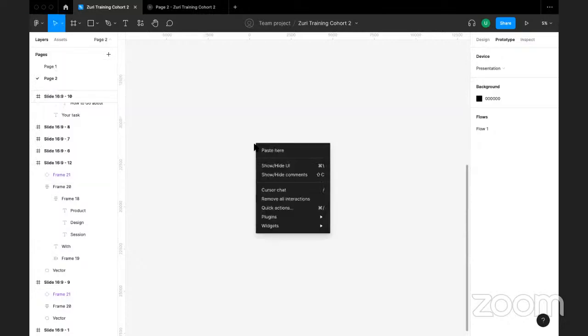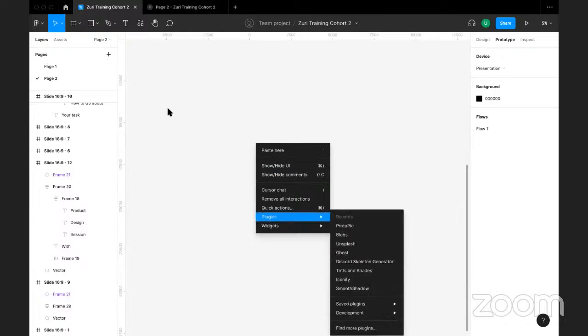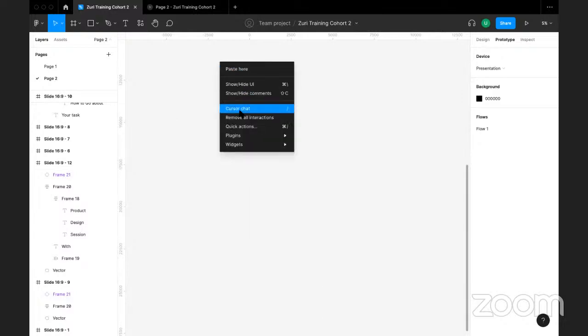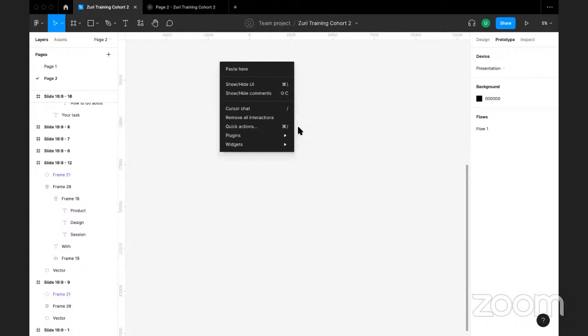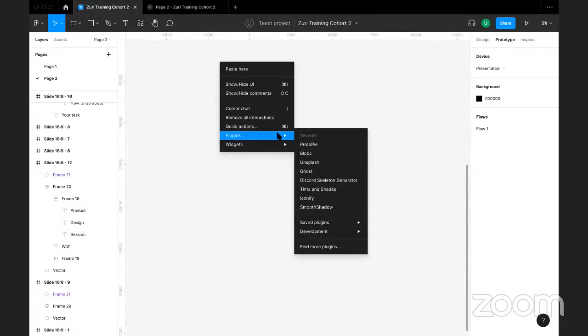Now, look at plugins, for example. For those that use Figma, I think in the last 3 months, you would notice that, sorry, let me go up. When you click this plugin here, you will see the list of all your plugins. And there was a time that I was even discussing with my team that, come on, this thing is too much.